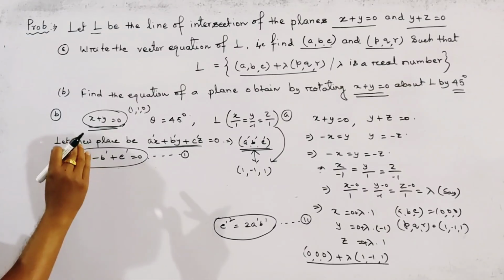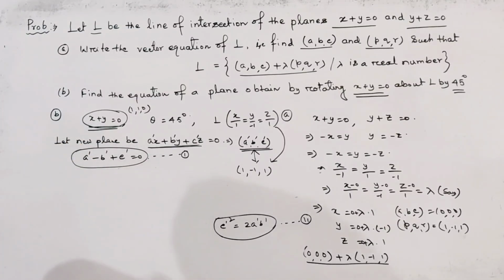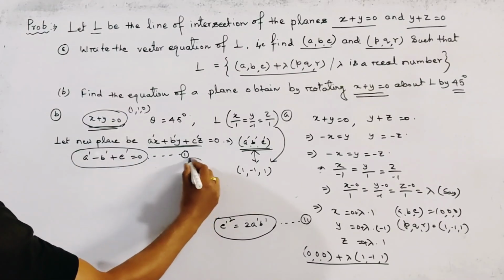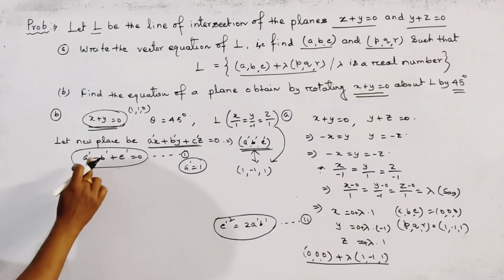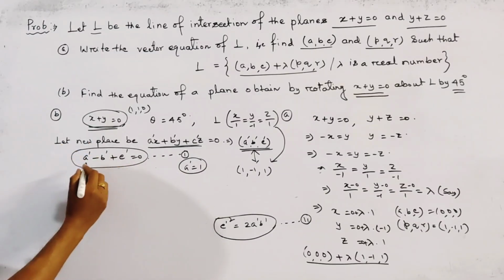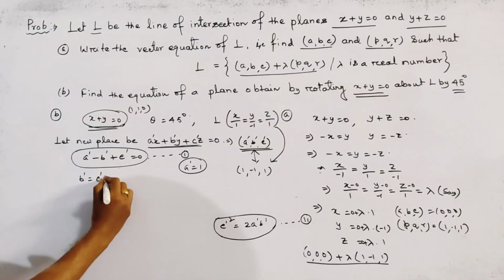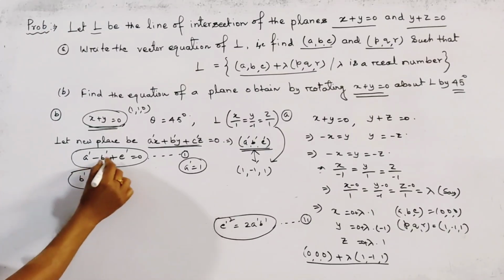So we must let one variable be a known number. Let, for simplicity, a' equal 1. If a' equals 1, then we get b' equals c' plus 1 from relation 1.